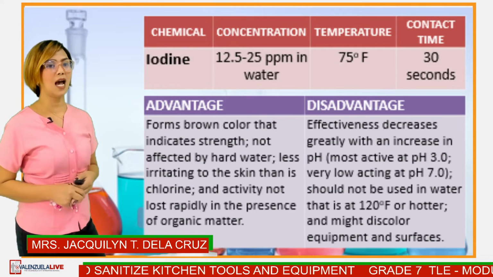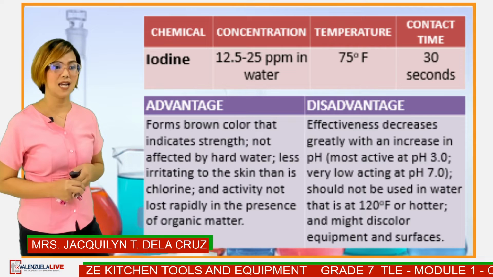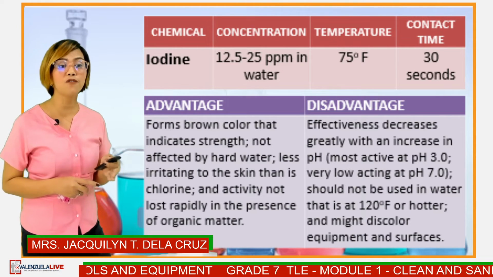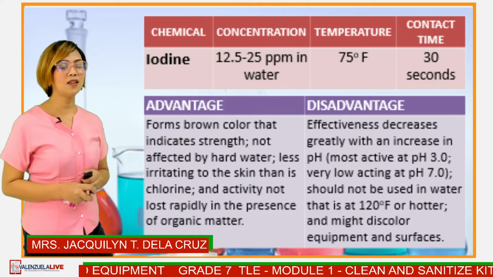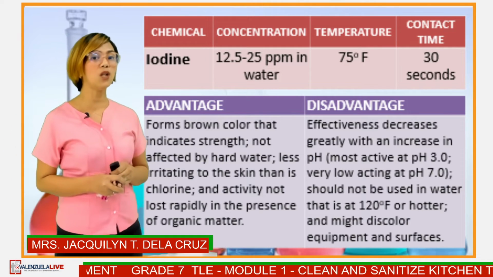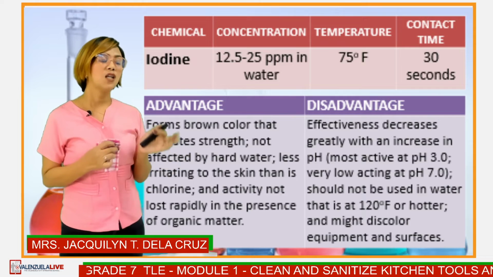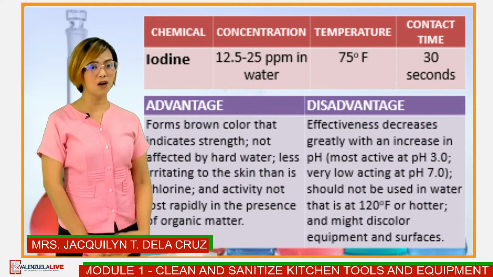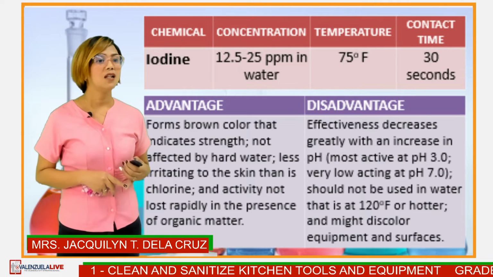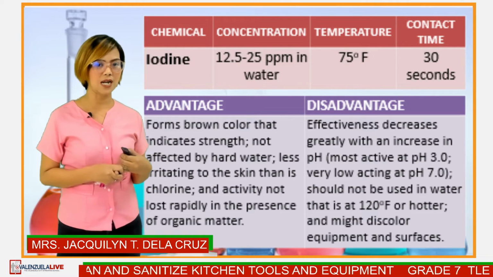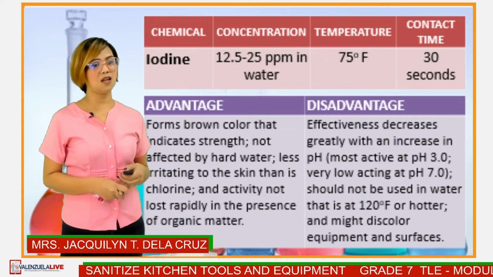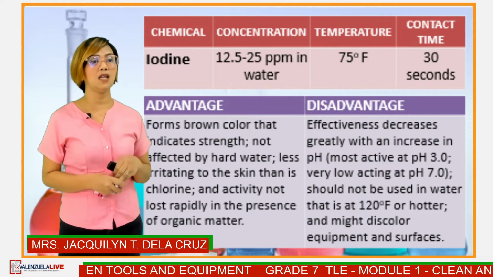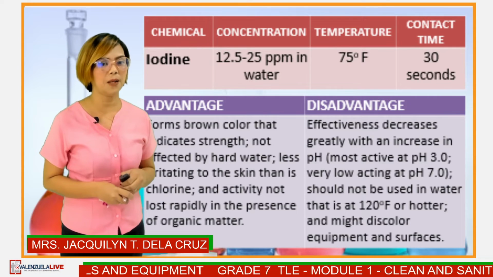Iodine has a contact time of 30 seconds, and its concentration should be 12.5 to 25 parts per million in water that is at least 75 degrees Fahrenheit. It forms a brown color that indicates strength, is not affected by hard water, is less irritating to the skin than chlorine, and does not lose its activity rapidly in the presence of organic matter.